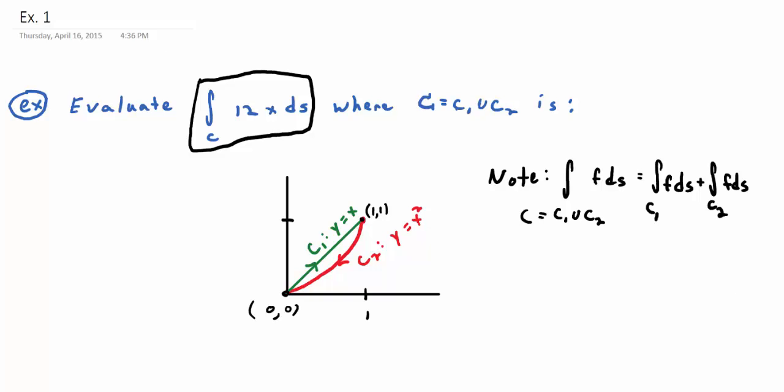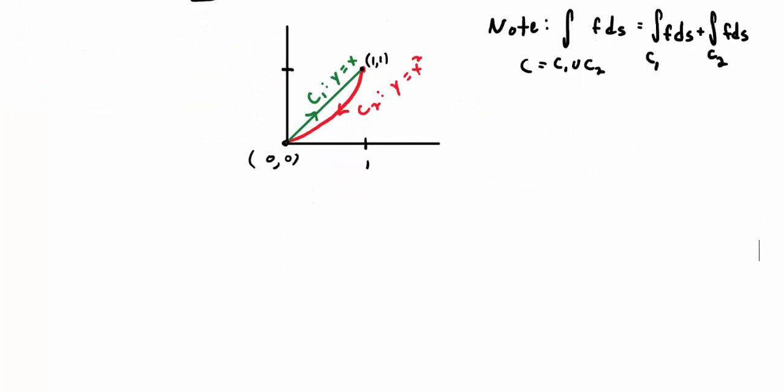Okay, so how do we evaluate it? Well, we've got to parameterize these curves. So let's start with C1. C1, remember, is given by y equals x. That's the curve in the picture. It's in green. How do you parameterize a function y equals f of x?